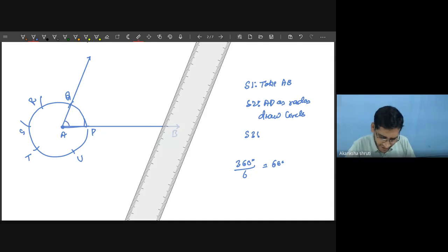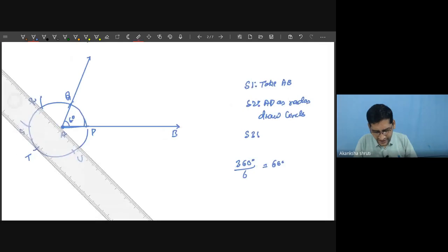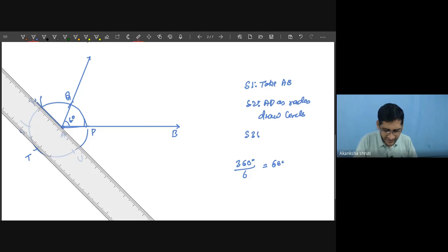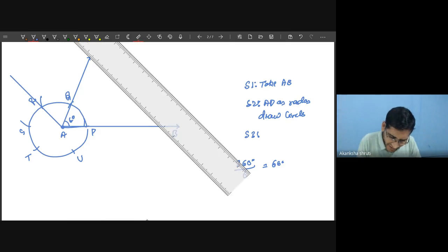So this angle will be your 60 degrees. Even if you are taking A and continuing with R, here again you can observe the angle from this Q, this much angle is again 60 degrees. Is it okay? If you want to measure from the point P to this R, this much angle will be how much? 60 plus 60, 120 degrees. Is it okay?